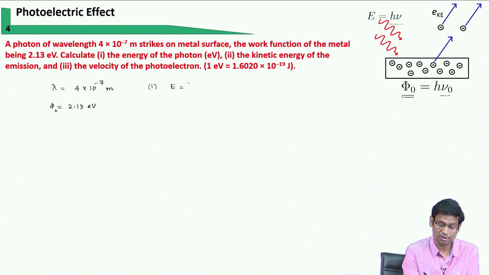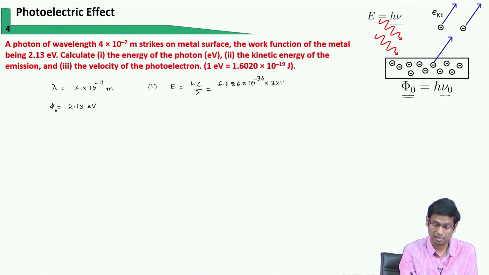So, the energy of the photon E is hc by lambda. You see that we are often using the product of these two constants, h c, 6.626 into 10 to the power minus 34 into 3 into 10 to the power 8 joule second meter per second.